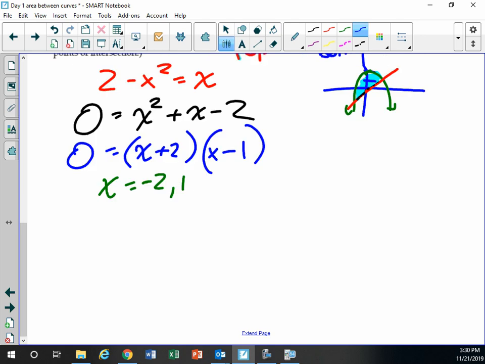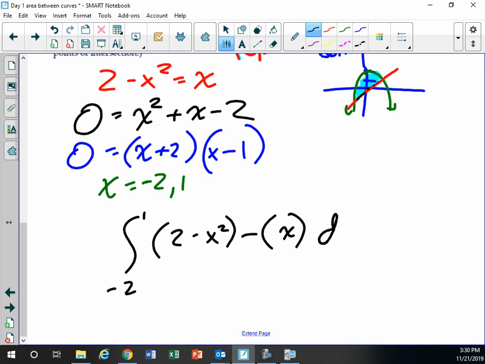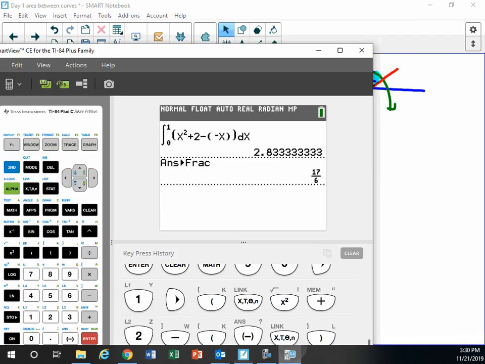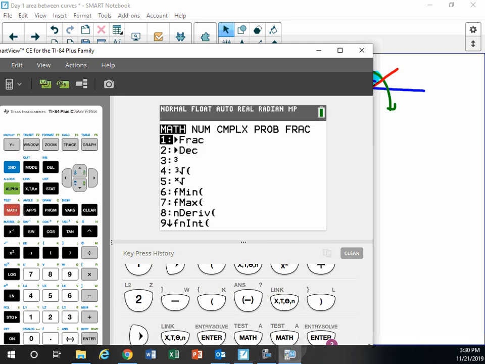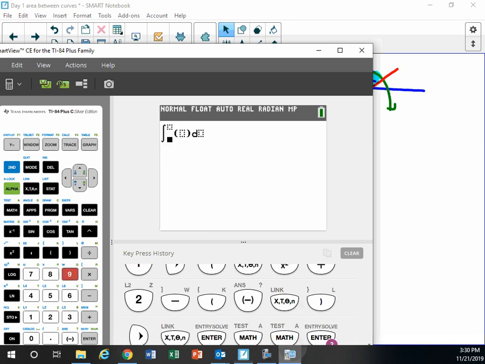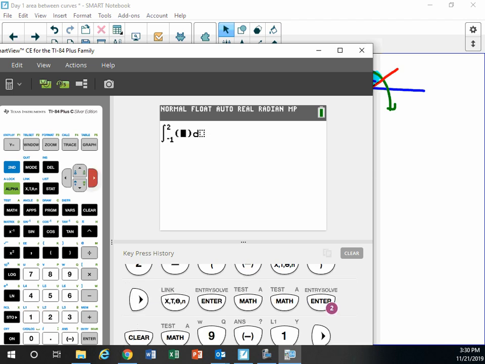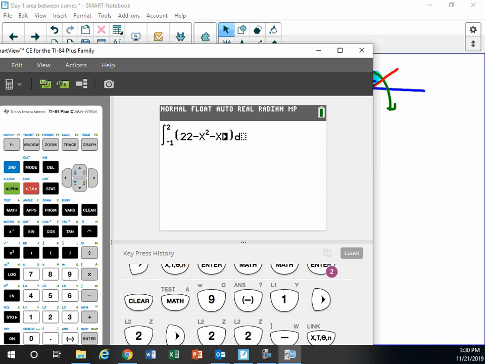So I would set it up going from -2 to 1 of the top, 2 minus x squared, minus the bottom, which is x, dx. And right now you can totally put that in your calculator, because we're not going to take the time to do all of them. So the integral of 2 minus x squared minus x dx gives 4.5.